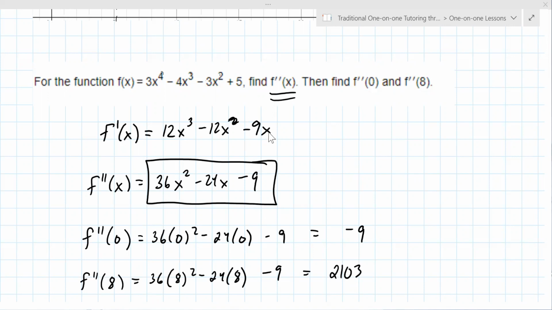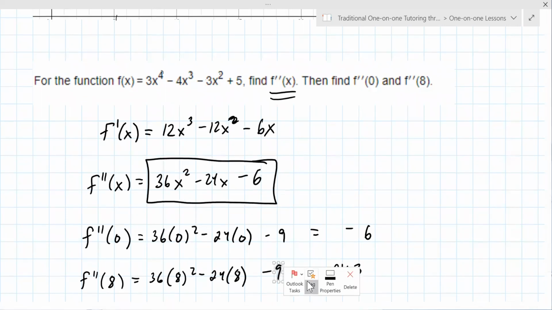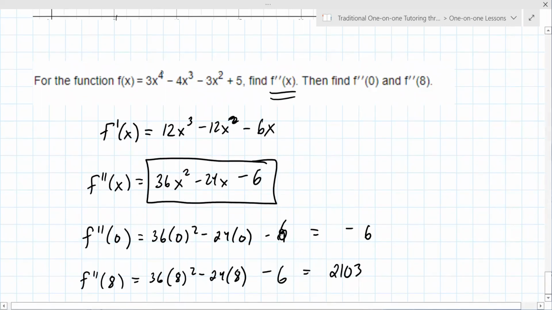I knew something was wrong. This is 6x. The entire problem was predicated on that. So that will take this answer to 6, and it should change the last answer to 2106. But let me confirm that. Yeah, so 2106 for that last one.